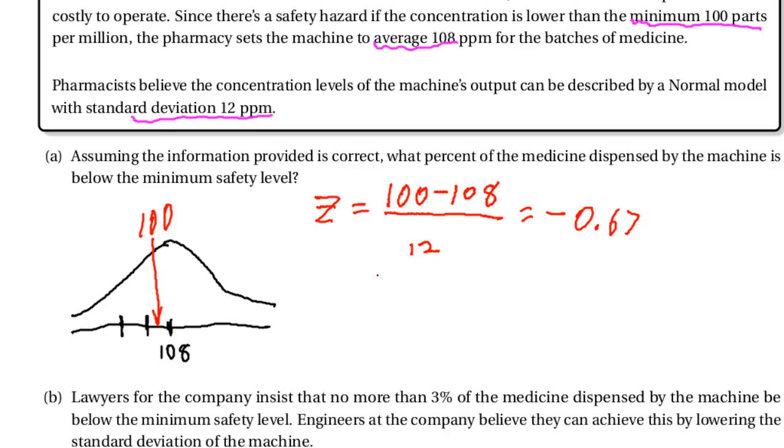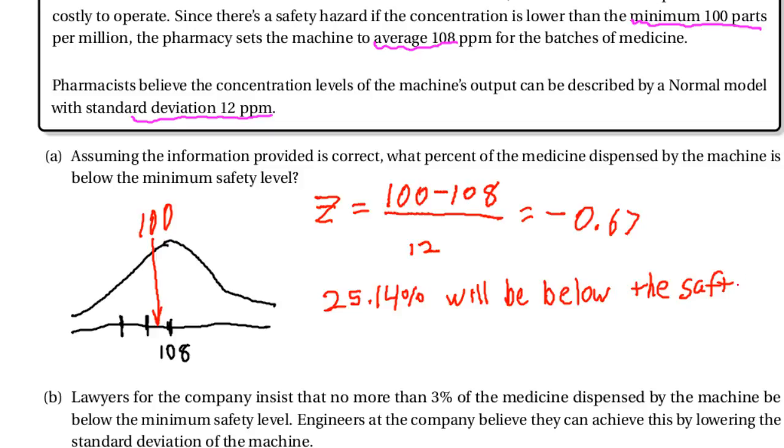So 25.14% will be below the safety level. Basically almost 1/4 of all of the bottles. That's kind of a bad idea.